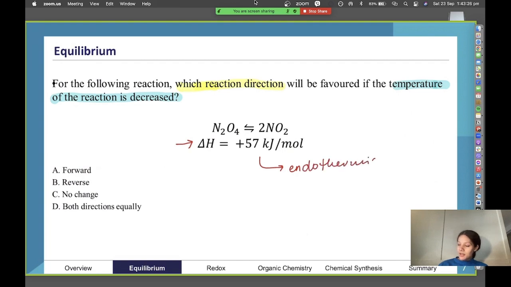And an endothermic reaction means that we're going to be absorbing heat to create those products.